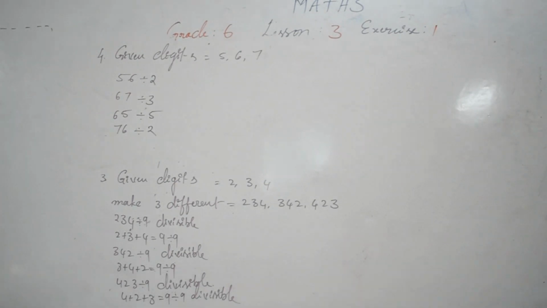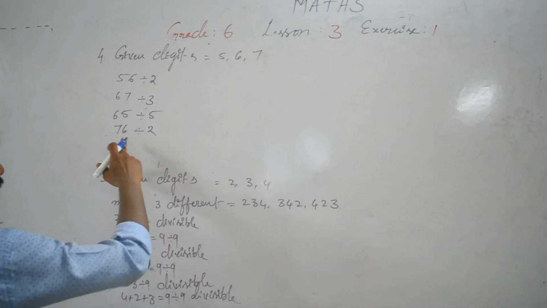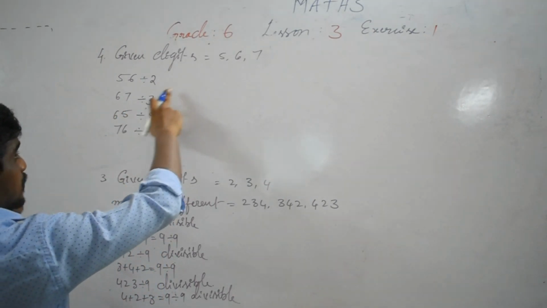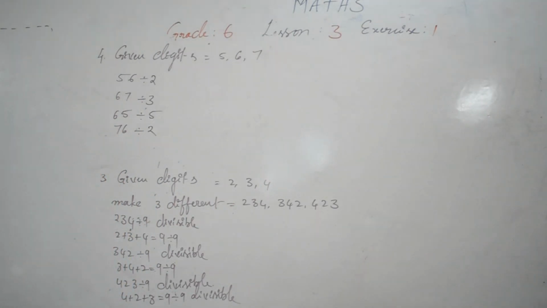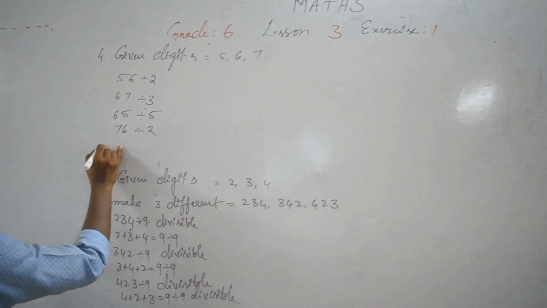The two numbers only. Right. Next one, so you write 76, 67, right? So 65, right? So these numbers.